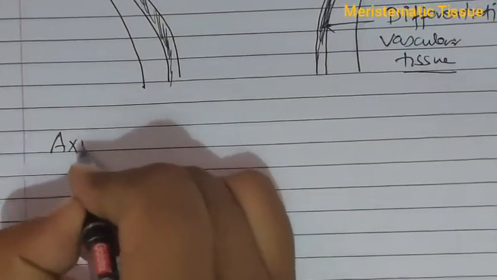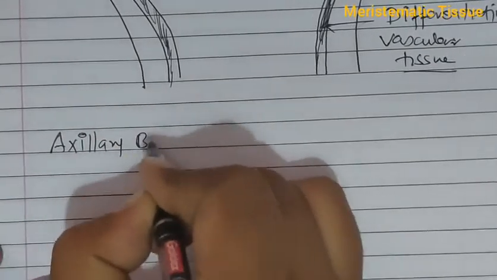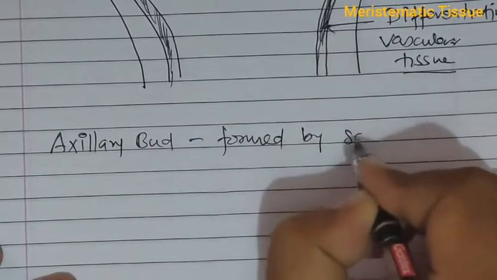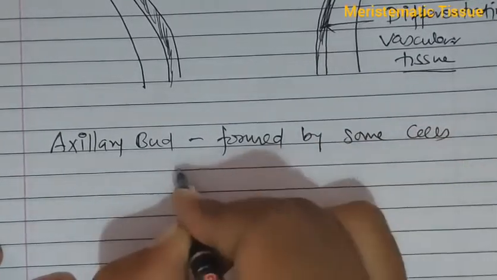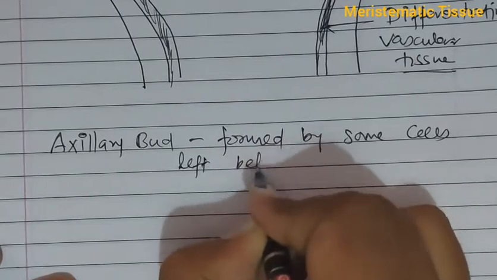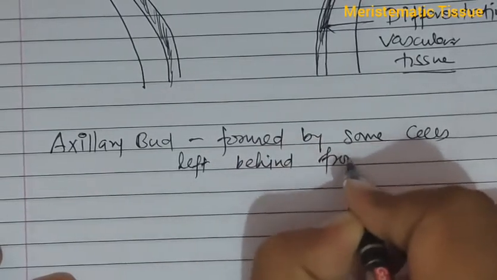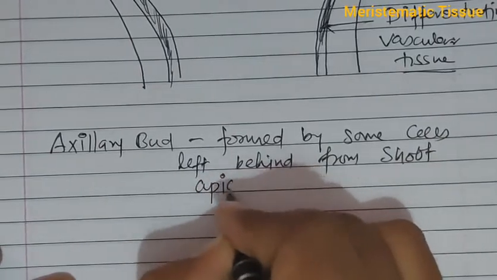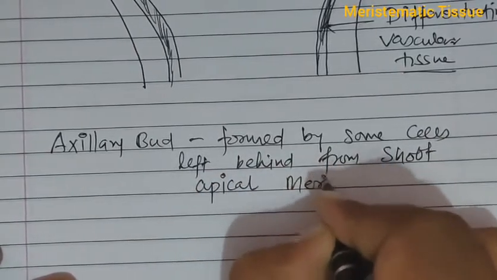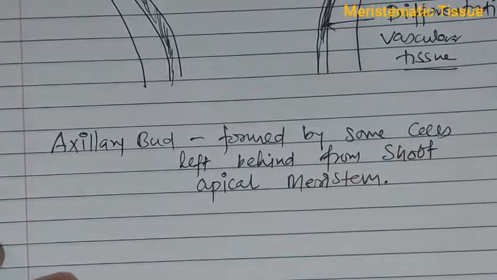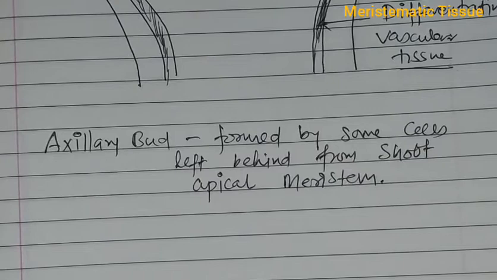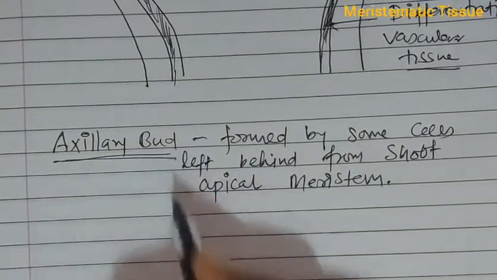So remember, the axillary bud is formed by some cells left behind from the shoot apical meristem. From the shoot apical meristem, if some cells are left behind, they will be termed as axillary bud.